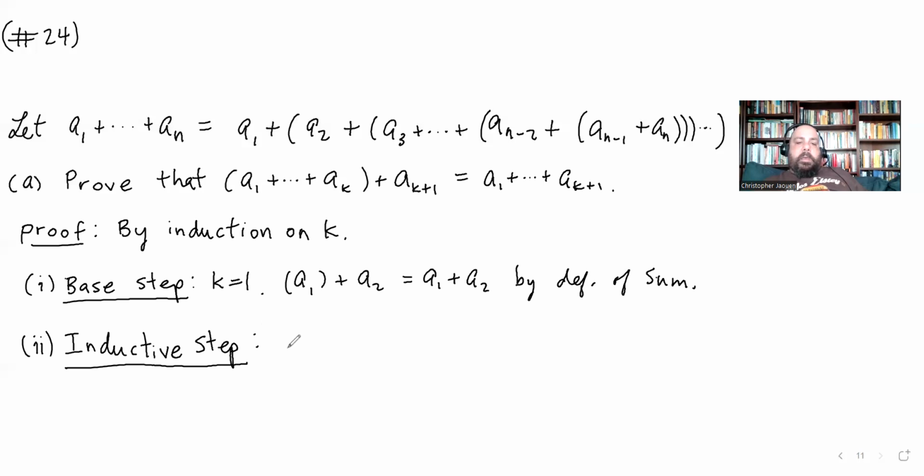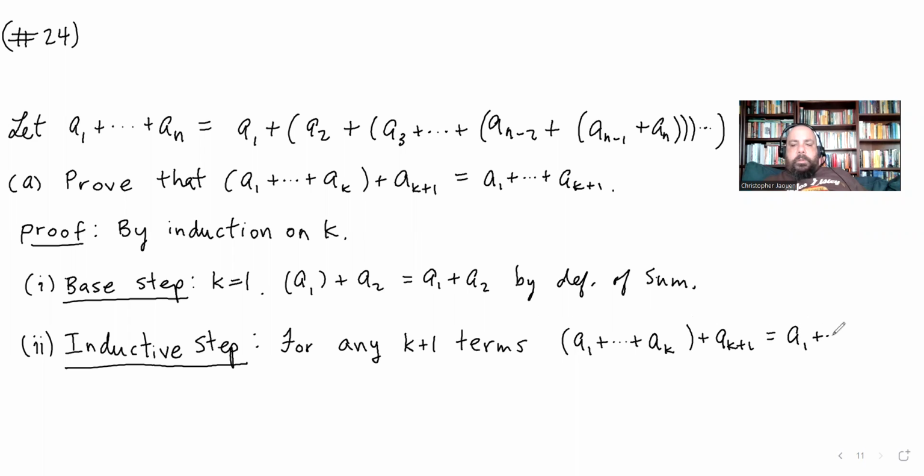So the inductive hypothesis will be: for any k, I guess, k terms or k plus one terms, A1 plus dot dot dot AK, plus AK plus one, is equal to A1 plus up to AK plus one. All right, so that's the inductive hypothesis.